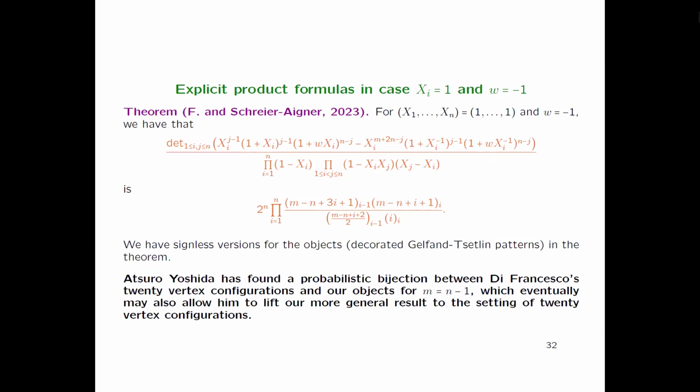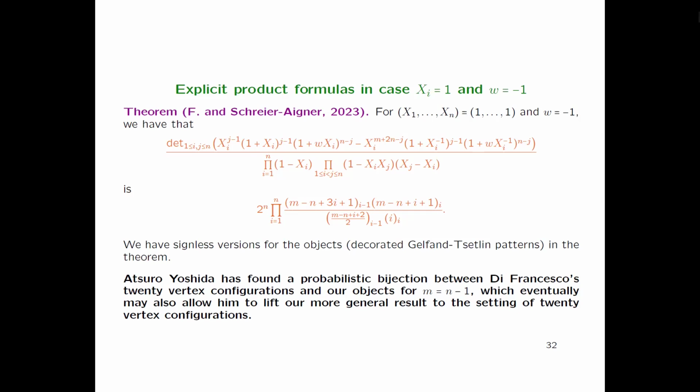And now I can point to Arturo's talk. He will show a combinatorial... Actually, the question is open. On the one hand, we have these Gelfand-Tsetlin patterns, and on the other hand, Philippe has the 20 vertex model. Is there a combinatorial way to come from one object to the other?